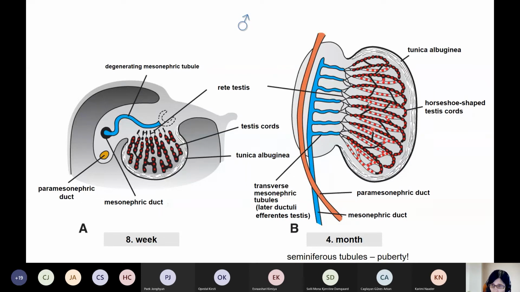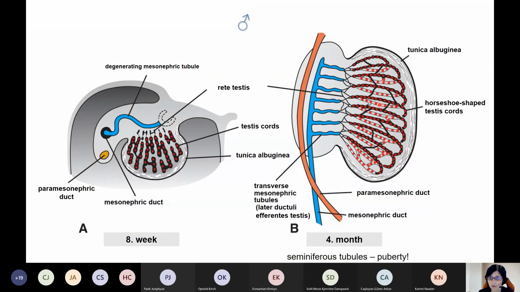The canalization of these testis cords happens only during puberty or shortly before puberty, and with that canalization, the seminiferous tubules will be formed, but this is only at the time point of the puberty and not before. In case of these testis cords, we can already identify the Sertoli cells.